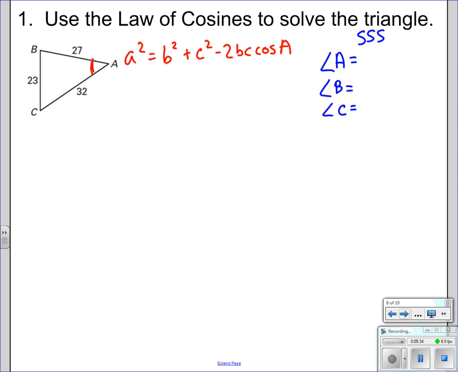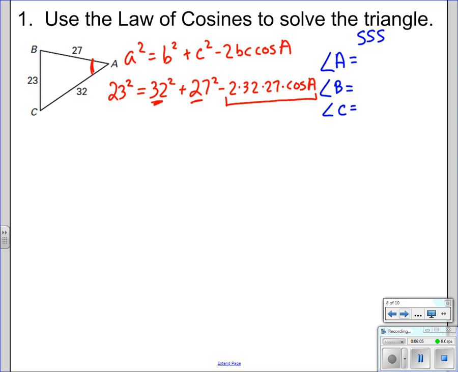Well, angle A, that's going to be our variable. So A squared, 23 squared, equals B squared, which is 32 squared, plus C squared, 27 squared, minus 2 times 32 times 27 times the cosine of angle A. Now, this piece here at the end, that's all one term, so you can't combine the 32 squared and the 27 squared with that.